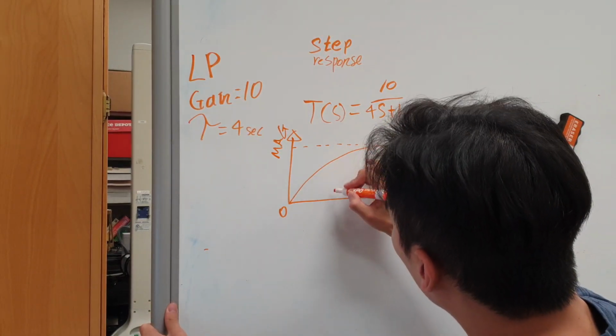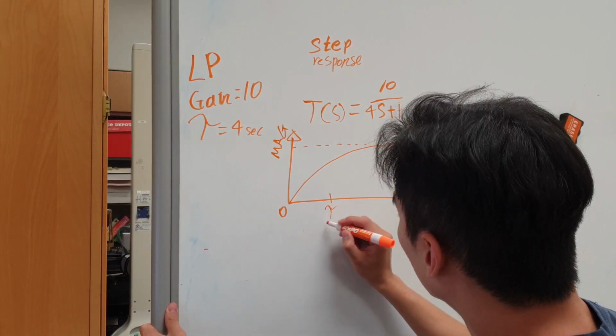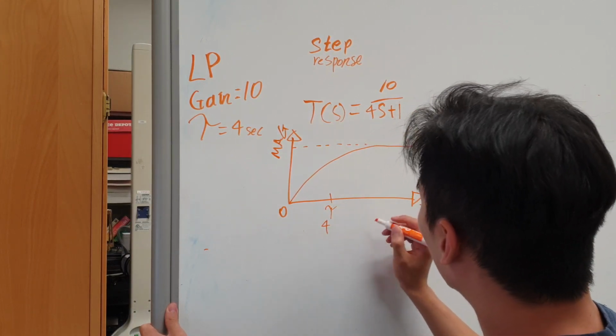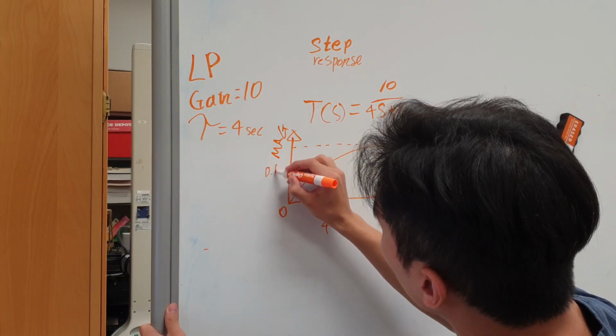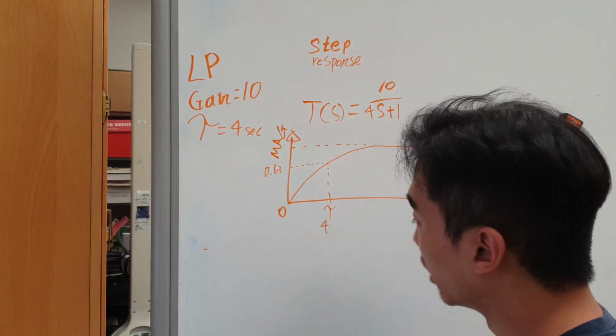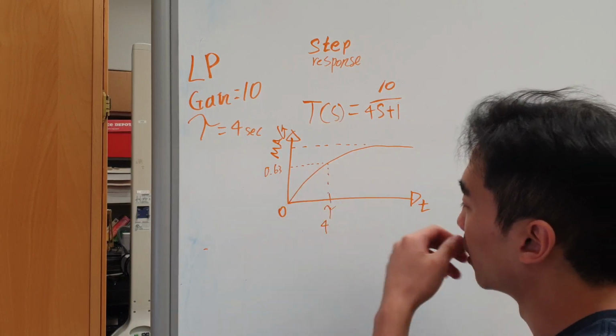and we know that at 1 time constant, so 4 seconds, we will reach 0.63 of the steady state output.